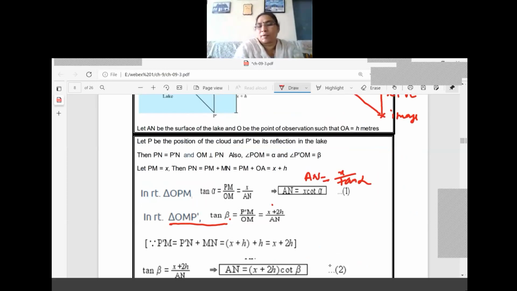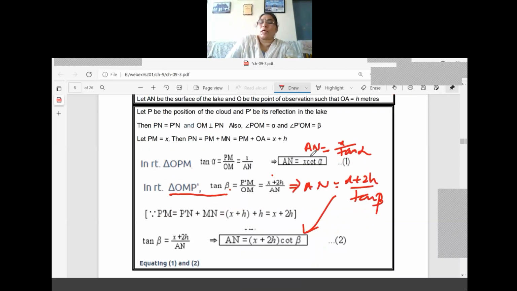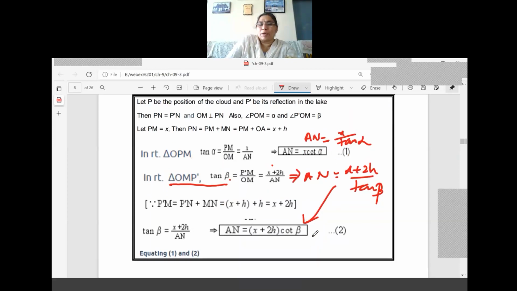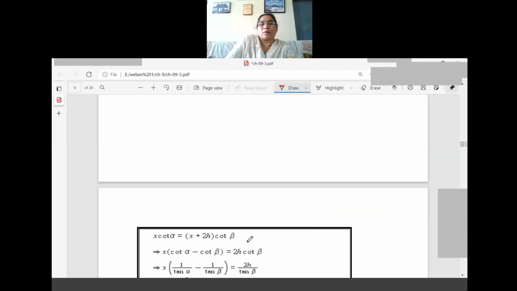So AN equals x plus 2h by tan beta, which is the same as x plus 2h into cot beta. Both are equal to AN. Now what is the next step? We should equate: x cot alpha equals x plus 2h cot beta.